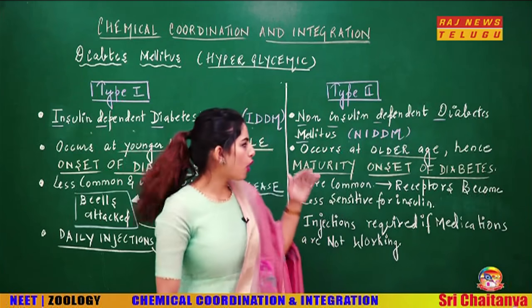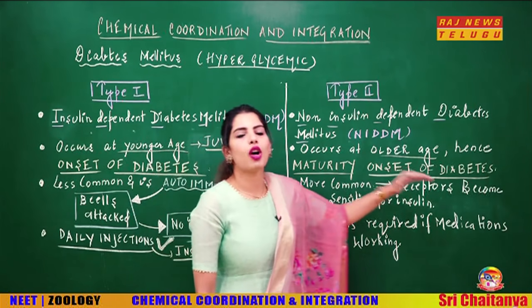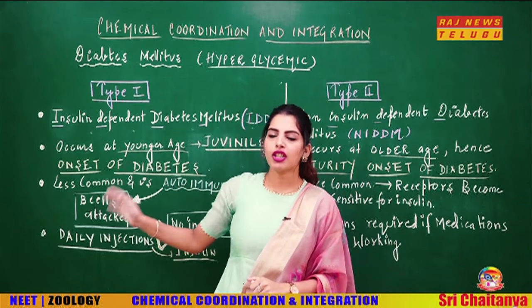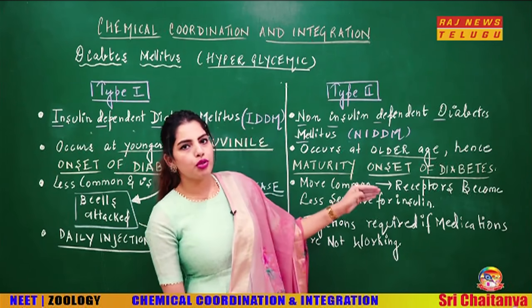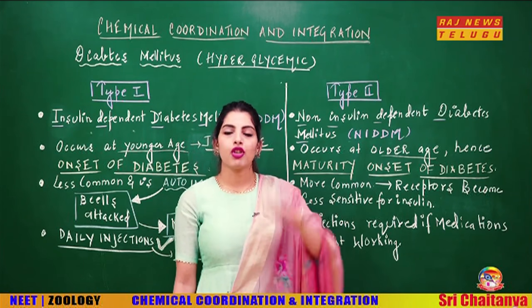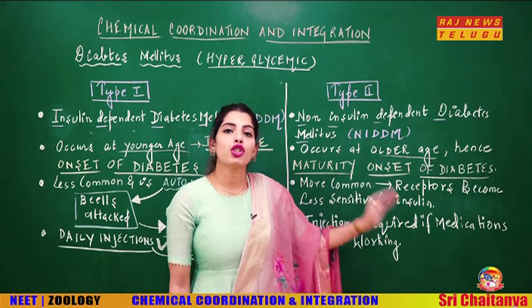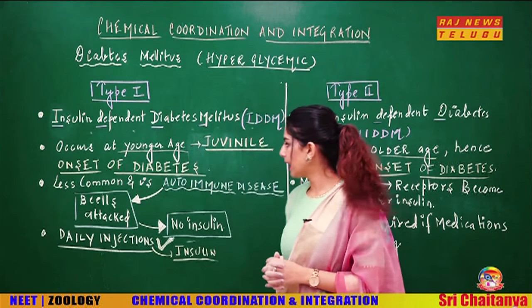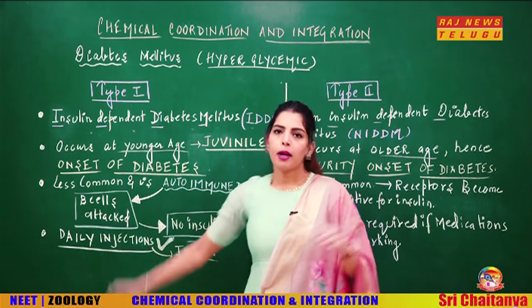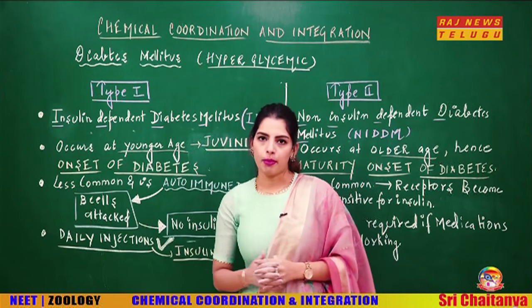That is why it is called maturity onset of diabetes. So younger age, type 1, juvenile onset; and type 2, occurring at an older age, maturity onset. Now looking at the other point, type 1 is less common, but type 2 is very common.